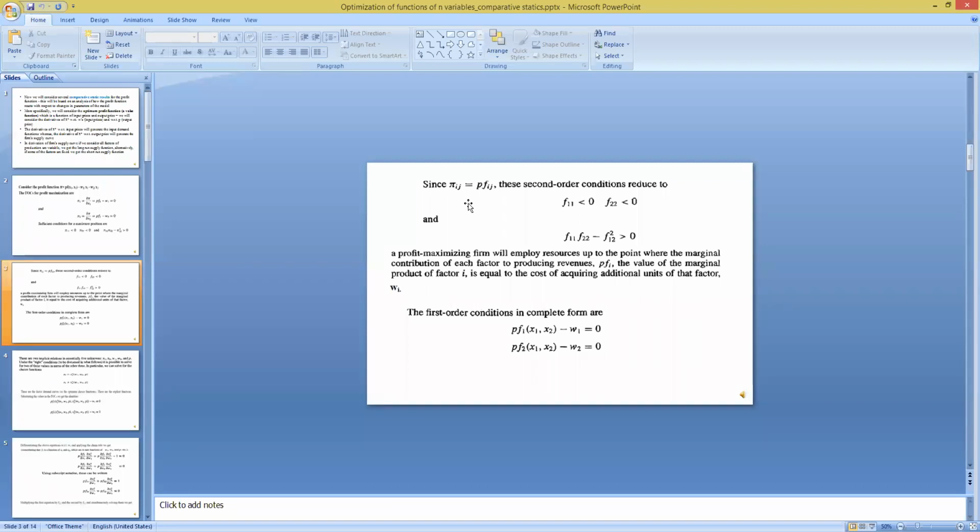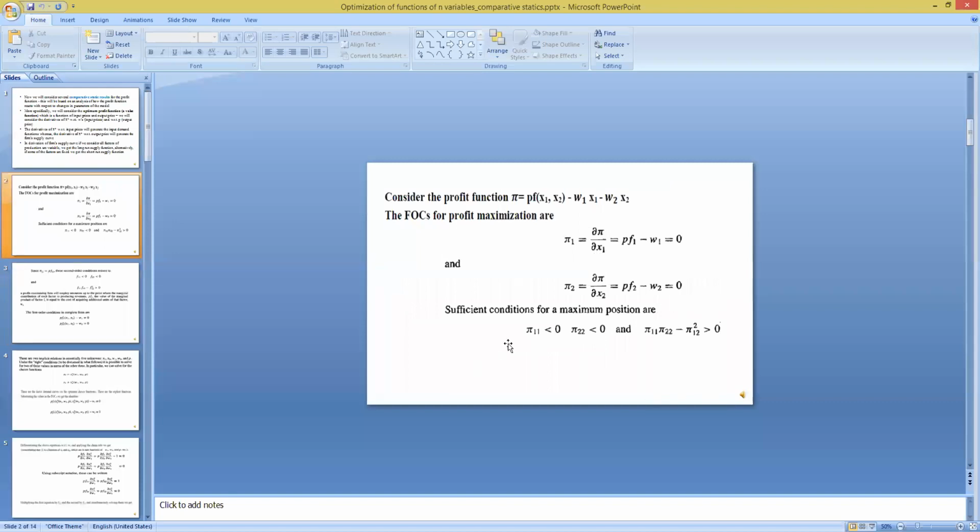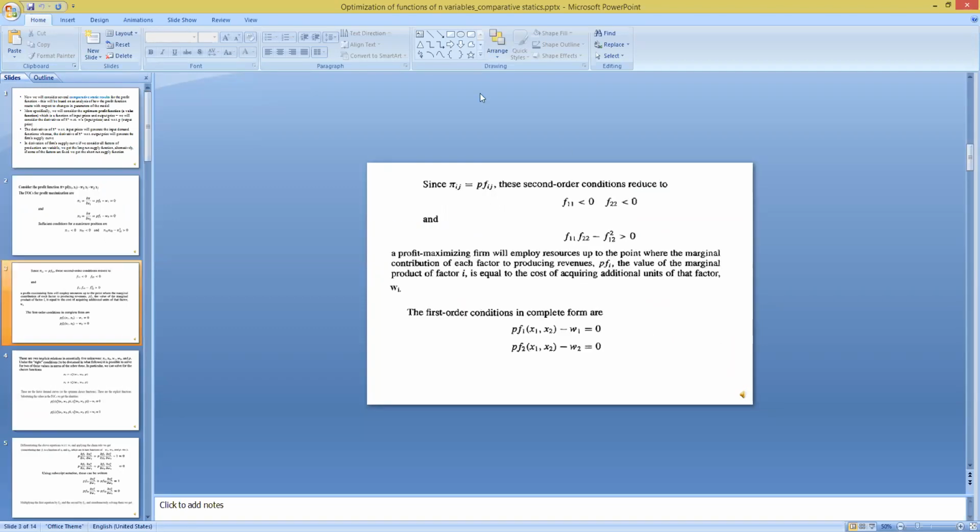So the conditions which I mentioned in the earlier slide, pi 11, pi 22, and the expression pi 11 into pi 22 minus pi 12 whole square, can be presented in terms of this general format. f11 is equivalent to pi 11, f22 is equivalent to pi 22, and f12 is equivalent to pi 12.